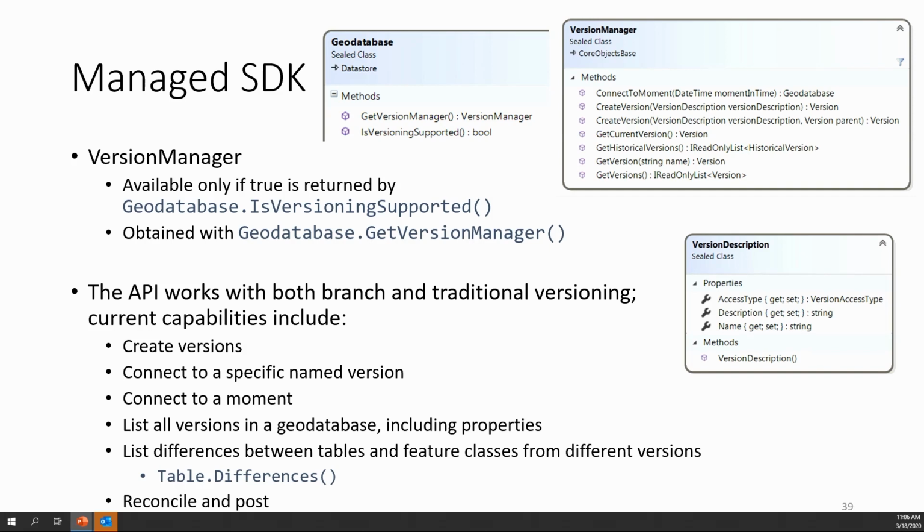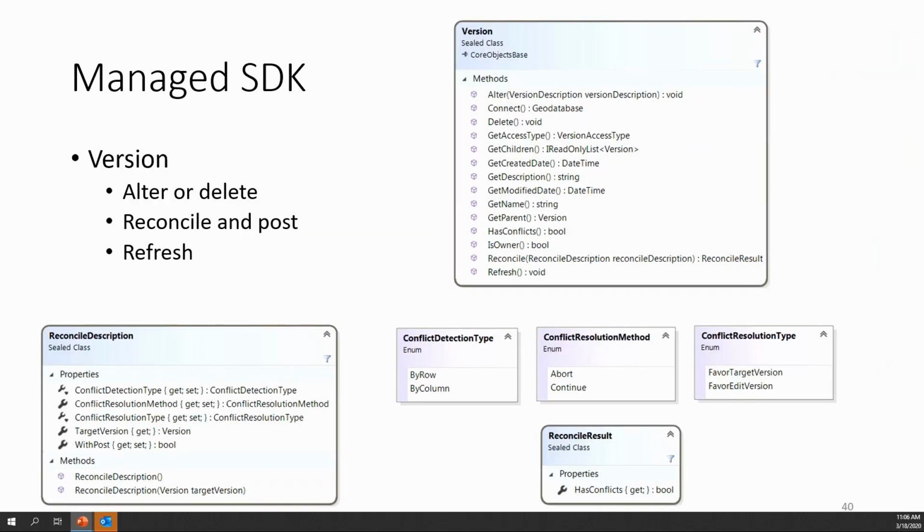Now, there are other things that you can do through other classes, such as the version class itself. On the version class, you can see up in the northeast corner, there are things such as being able to alter the description of a version, delete a version, get the creation date, the description, the modification date, the name of the version, all kinds of things like that, as well as operations such as reconciling the version, where you pass in a reconcile description, which is a collection of properties to configure how you want the reconcile to be processed.